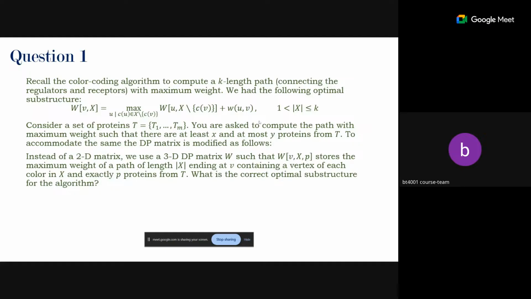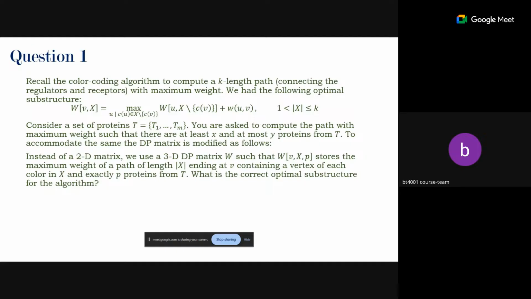They have discussed the exact same problem that has been discussed in the video lectures. This problem is a variant of the same problem discussed in the lectures. This is also in the paper, so you can look into the paper to understand the problem in further detail.